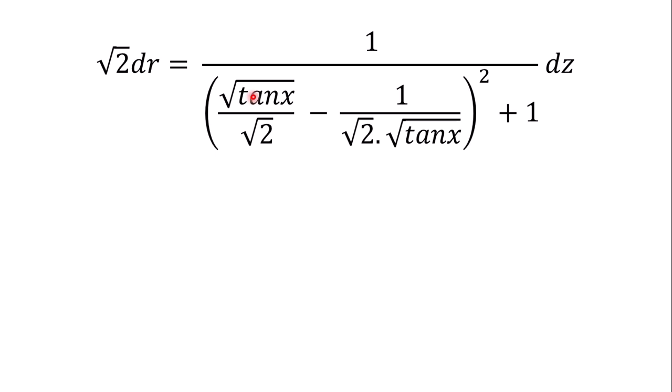So when we square this, it's going to give us what? Tan x. When we square this, it is going to give us what? 2 minus 2 times this one times this one. Okay, so this times this will give us what? This one will cancel out with this one.